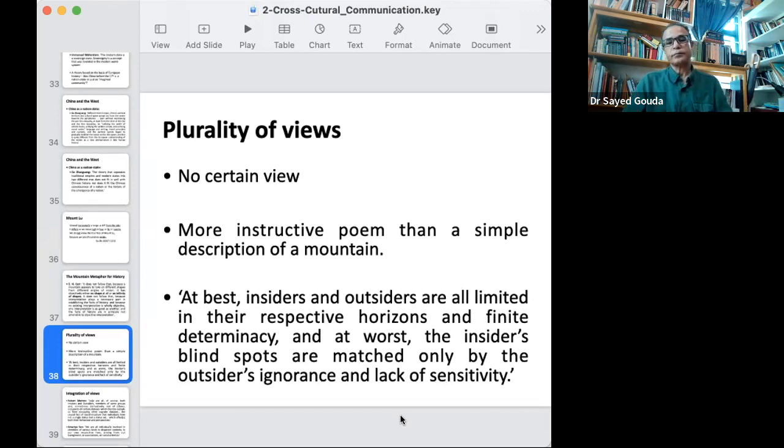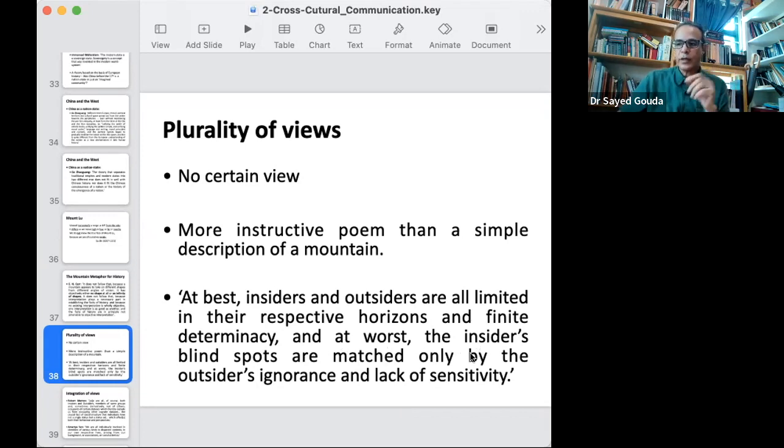We must strike a balance between the two approaches. The Chinese approach, understanding their experience, and also we use the Western methodology and theories, but accompanied with a Chinese native perspective. So this final part is very interesting.